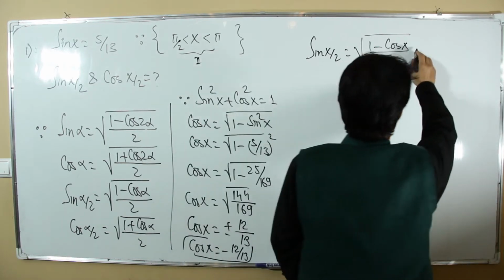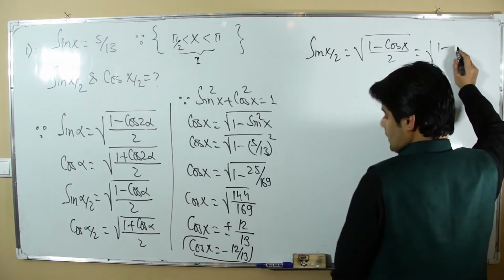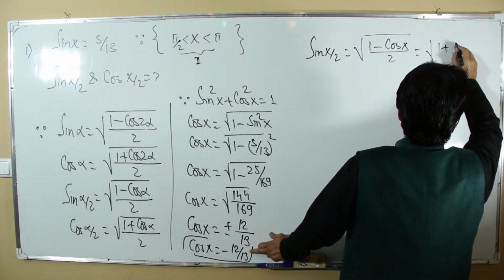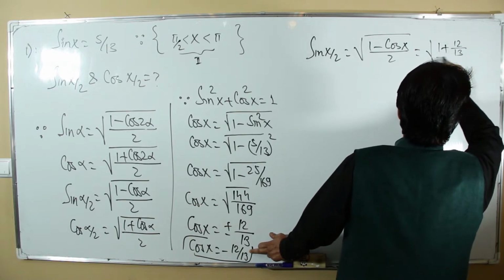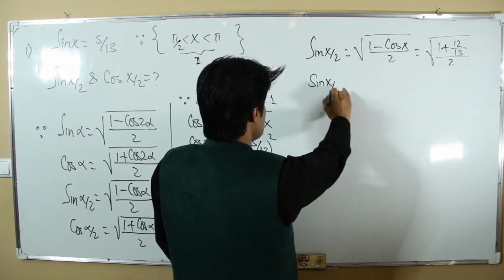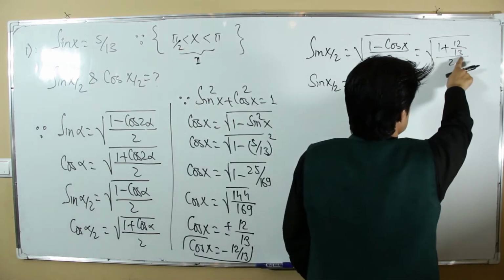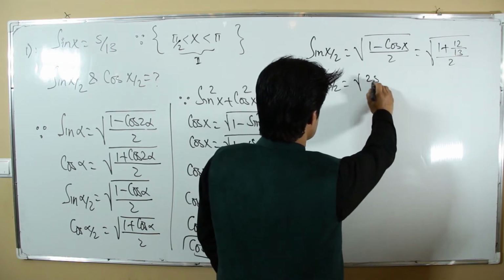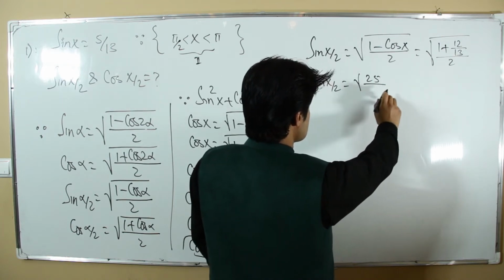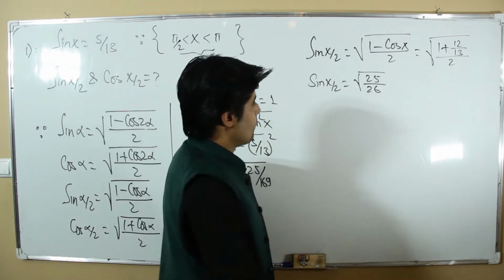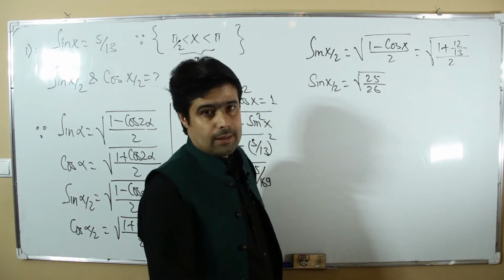Now, put the value: 1 minus, instead of cosine x, minus 12 by 13, divided by 2. Am I right? Yes. Sine x by 2 is root of 13 plus 12, which is 25, divided by 2 times 13, which is 26. So it gives plus or negative.